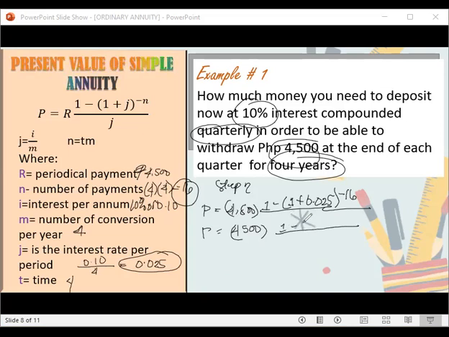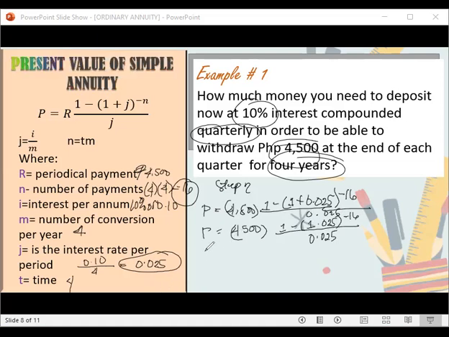So, 1 minus 1.025 raised to negative 16 over 0.025. Next, ayan.